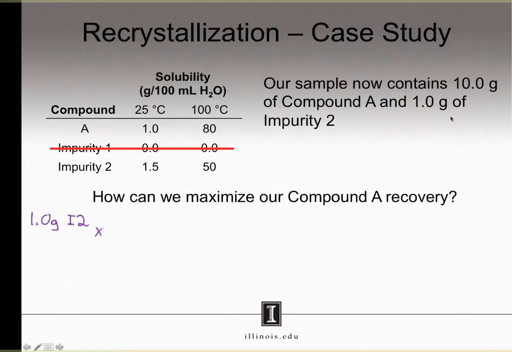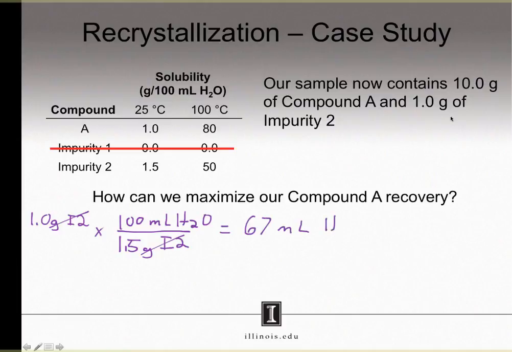From the solubility table, we know that 1.5 grams of impurity 2 dissolve in 100 milliliters of water. That means to dissolve 1 gram of impurity 2, we need 67 milliliters of H2O.